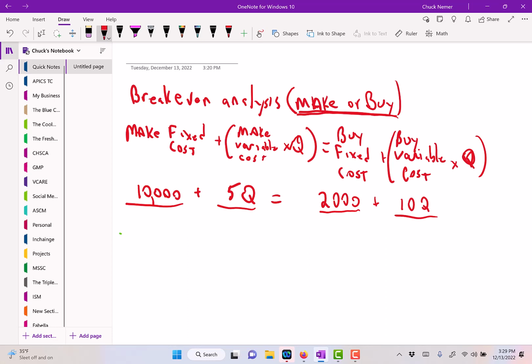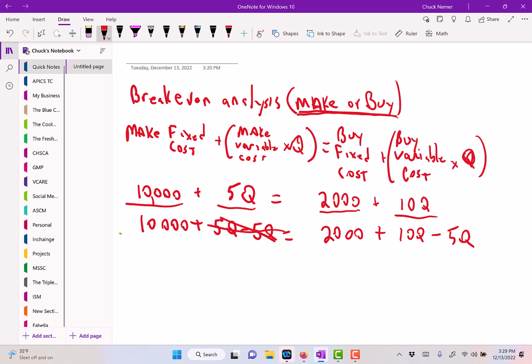So let's solve for Q here. If you remember, what we do to one side, we have to do to the other side. So let's subtract 5Q from each side. And the reason I'm subtracting 5Q from each side is because, if you remember your algebra, we're trying to get Q over to one side.